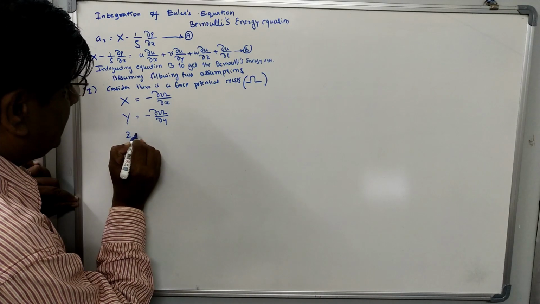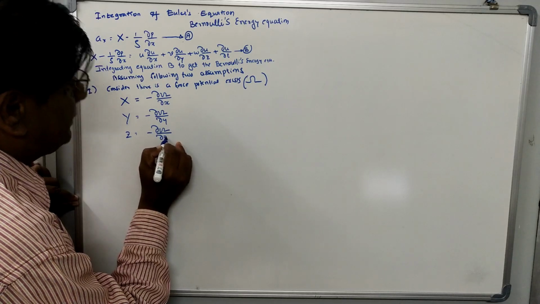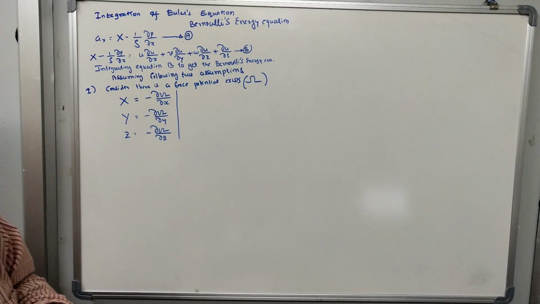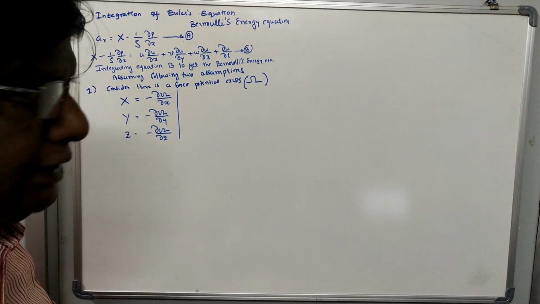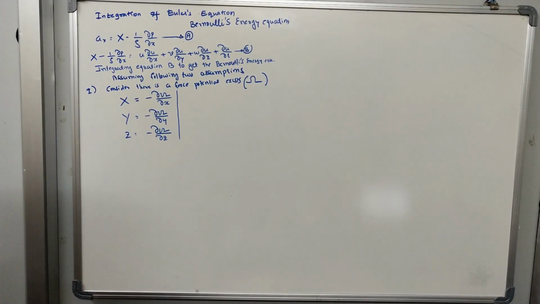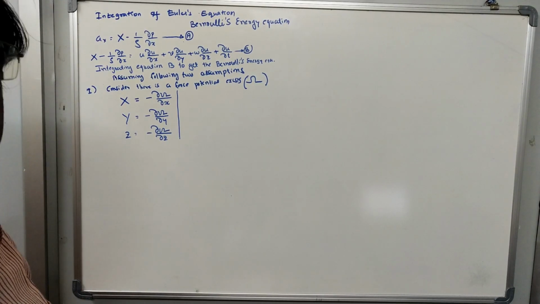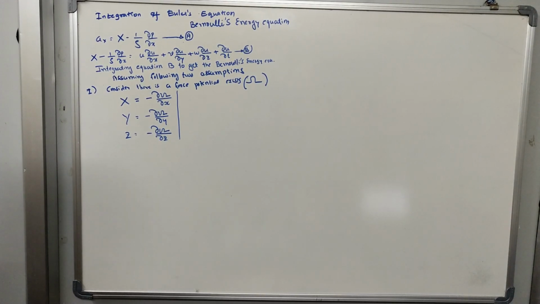Then similarly, Z is equal to minus ∂ force potential by ∂z. So the first important assumption, while integrating the Euler's motion equation, is that a force potential exists, defined as its negative derivative with respect to any direction gives the body force per unit mass in that direction.